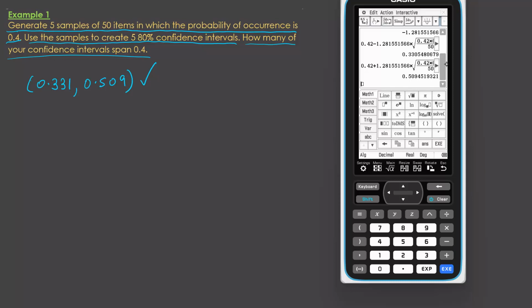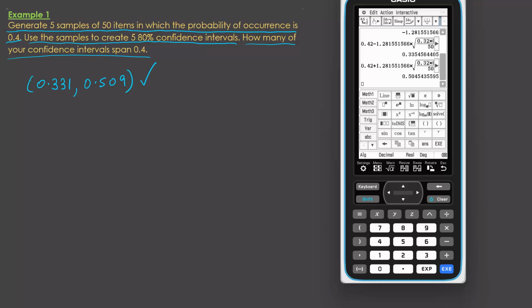Now, what we can then do is go back up here and regenerate. And this time I got 0.32. So I'm just going to need to edit these. So this one is 0.32, and that would make this one 0.68. And I need to do the same for the next one, 0.32 and 0.68.